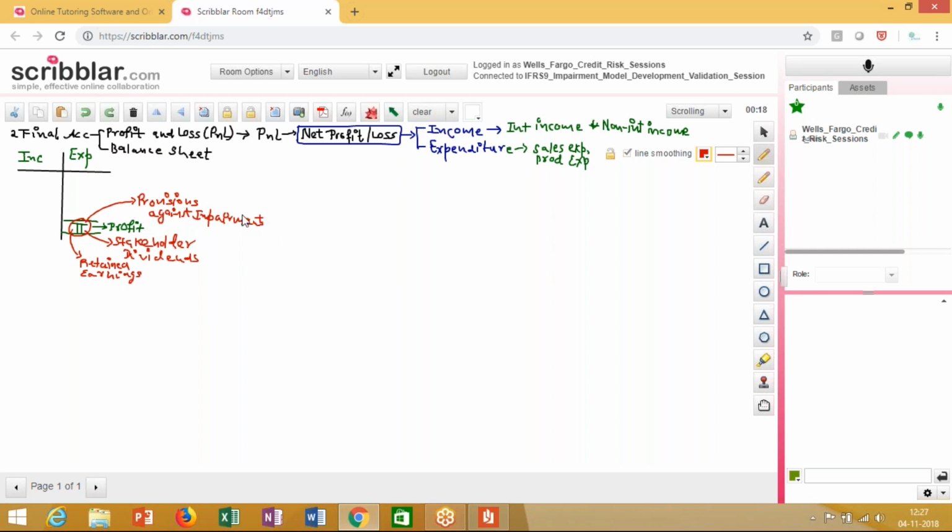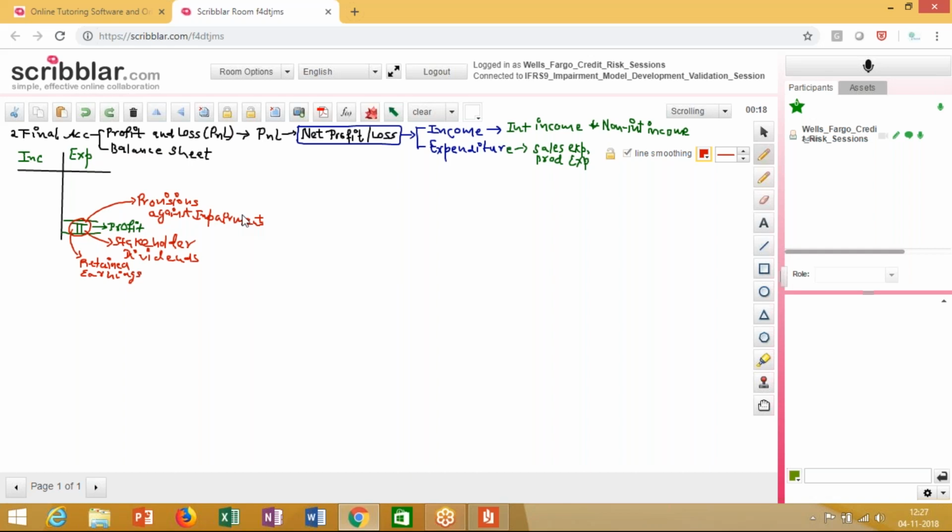This provision against impairments encroaches on the share of profit which is kept aside for shareholder dividends as well as on retained earnings.